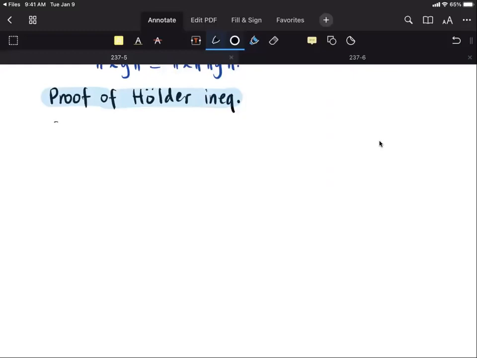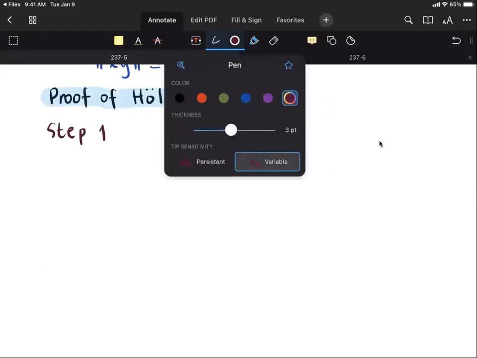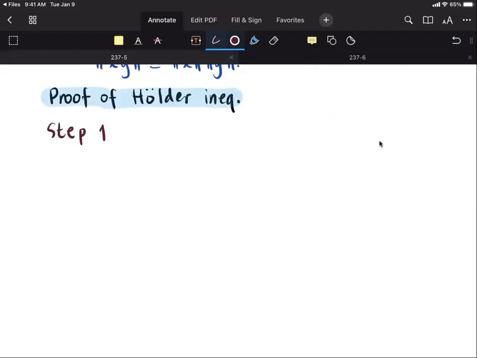Let us split the proof into several steps. Step 1: what if P is equal to 1?